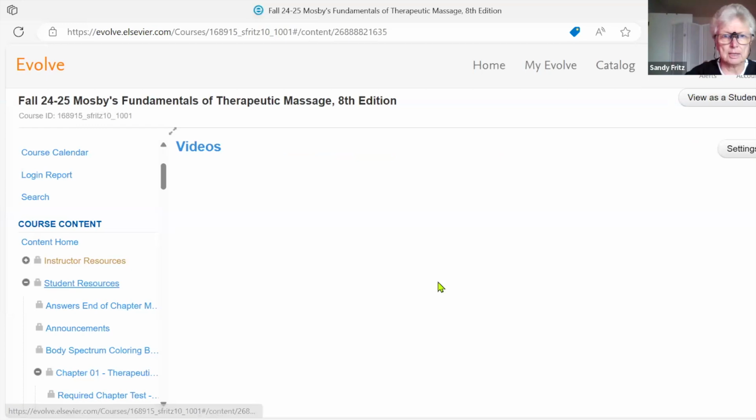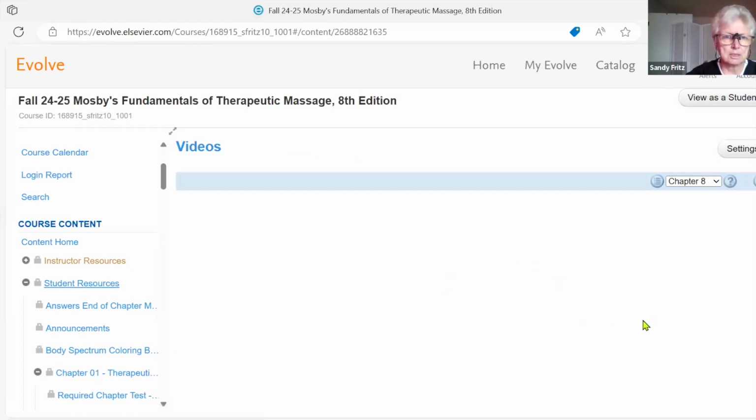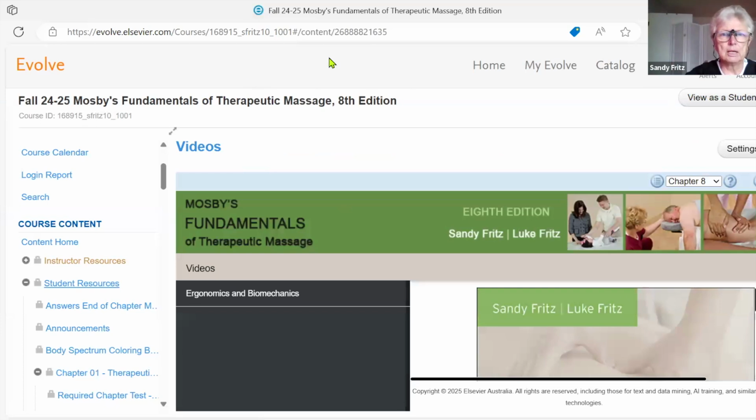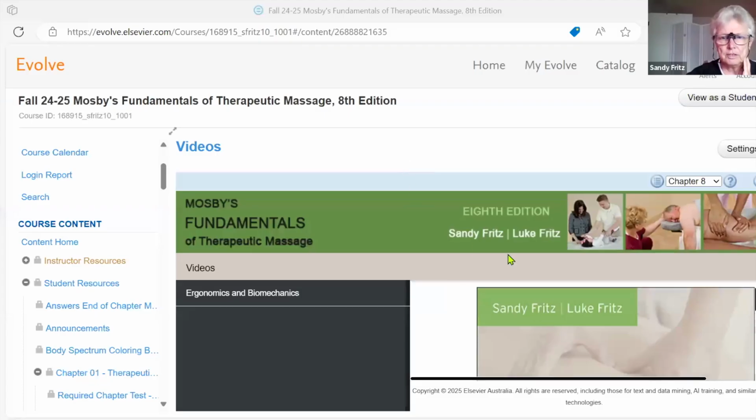So I'm going to click on this, and I'm going to stop the share and share again because I just want to make sure that's coming up. So here's what those videos look like. You can get them larger on the screen by clicking these two little arrows.